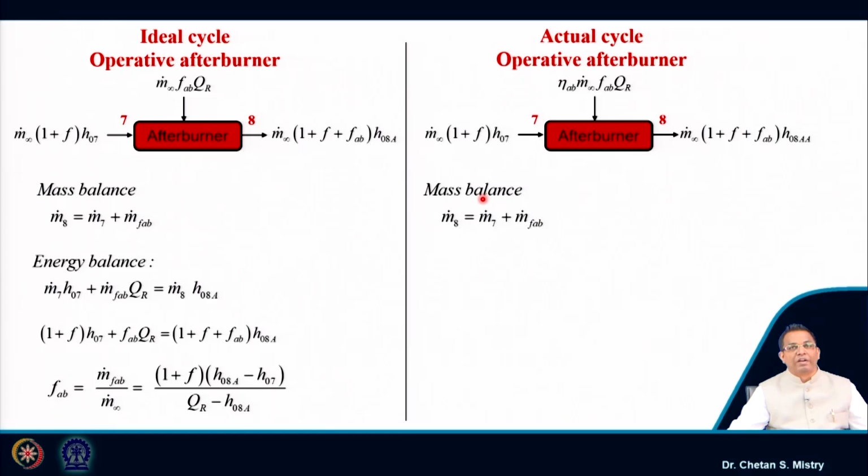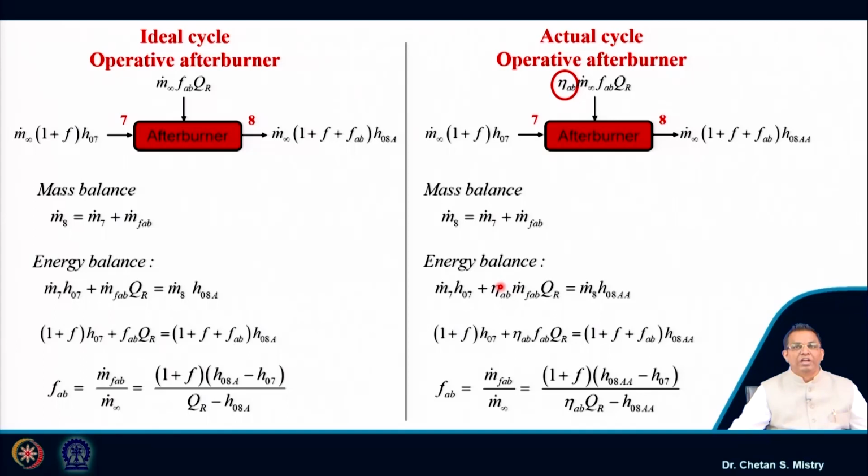So, we can write down our mass balance, and the same way our energy balance. As I have told, the afterburner efficiency will come into the picture, and the formulation will change with it. So, be careful whenever you are solving your numericals or doing your design calculation; do not forget to incorporate this afterburner efficiency.